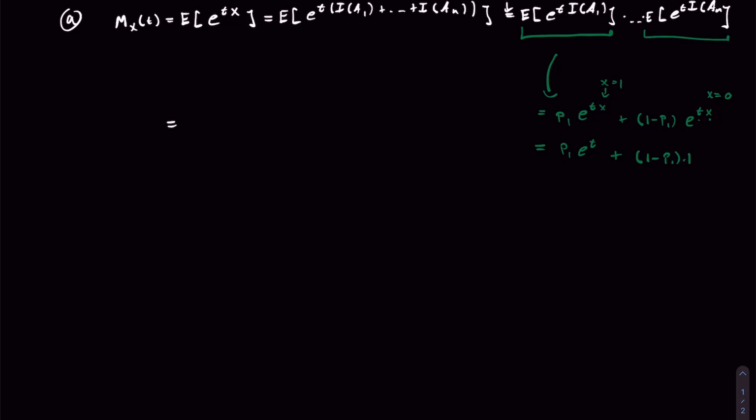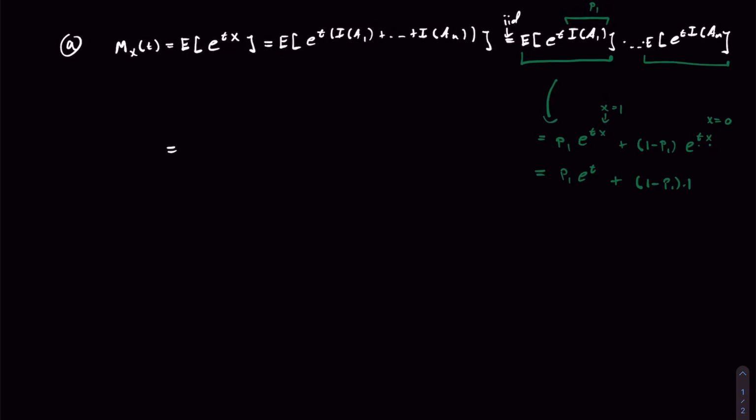And now notice that we have different probabilities for each of these events. So A1 has P1, A2 has P2, A n has P n. So we write it out and we're multiplying all these.